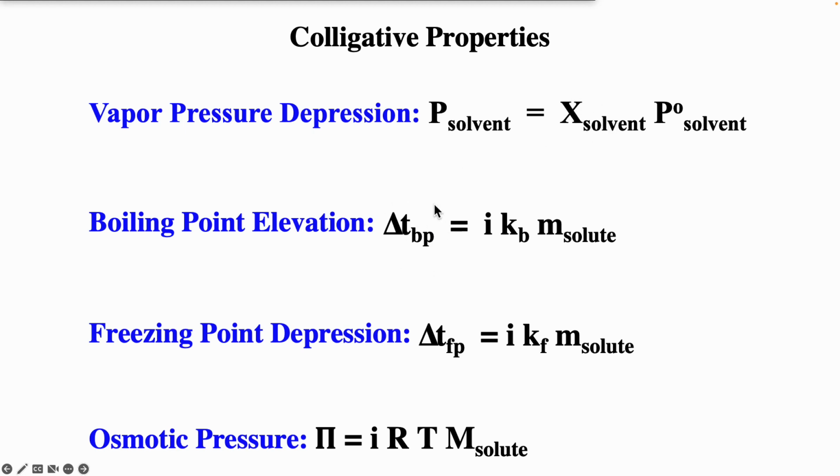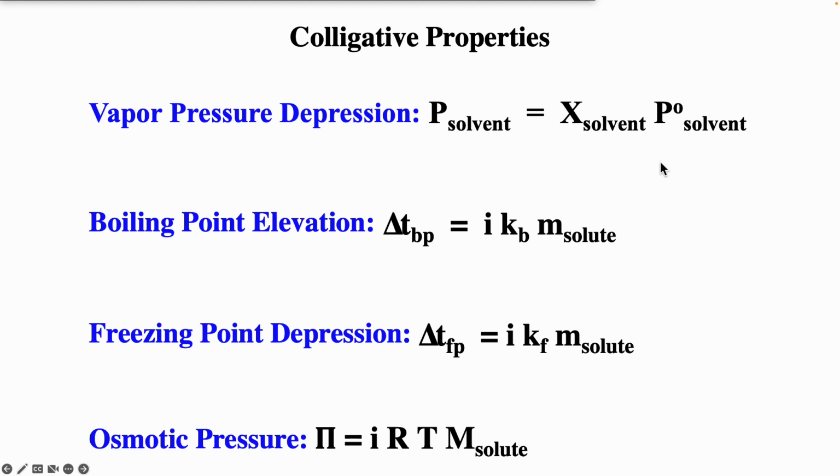The change in the boiling point is equal to the van't Hoff factor times a constant times the molality of the solute. The change in freezing point is equal to the van't Hoff factor times a constant times the molality of the solute. And osmotic pressure is equal to the van't Hoff factor times the gas constant times temperature in Kelvin times the molarity of the solute.